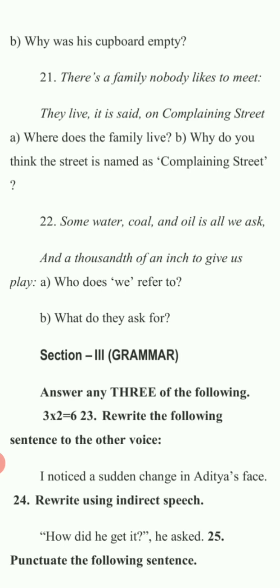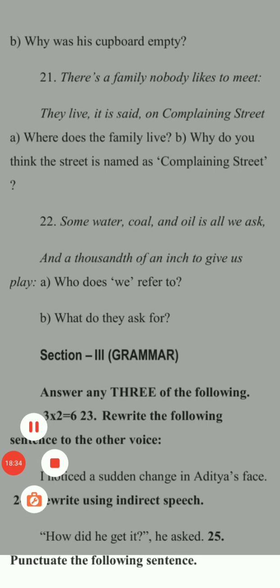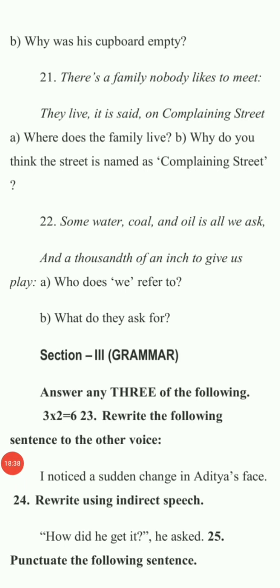What do they ask for? They ask for water, coal and oil. See, this is very easy because the answer is hidden in the line itself. So you can write easily and score your marks. In poetry, if you concentrate, you will get full marks. Okay, 3 into 2, 6 marks you can score.